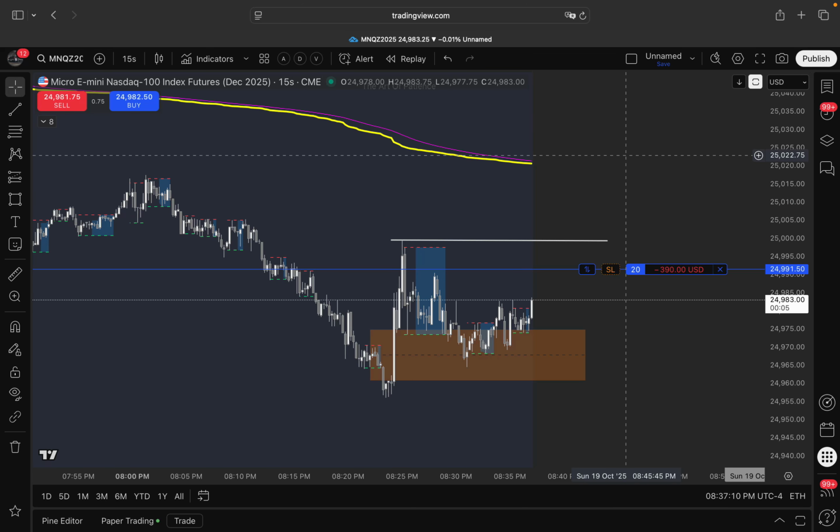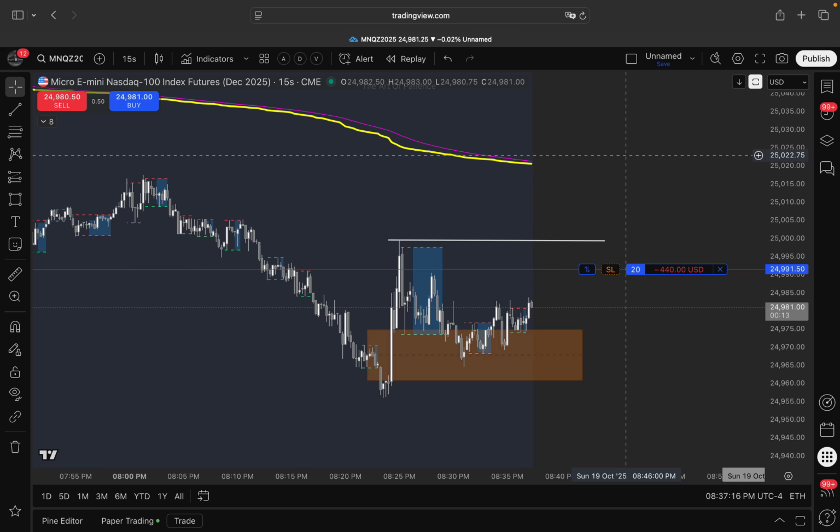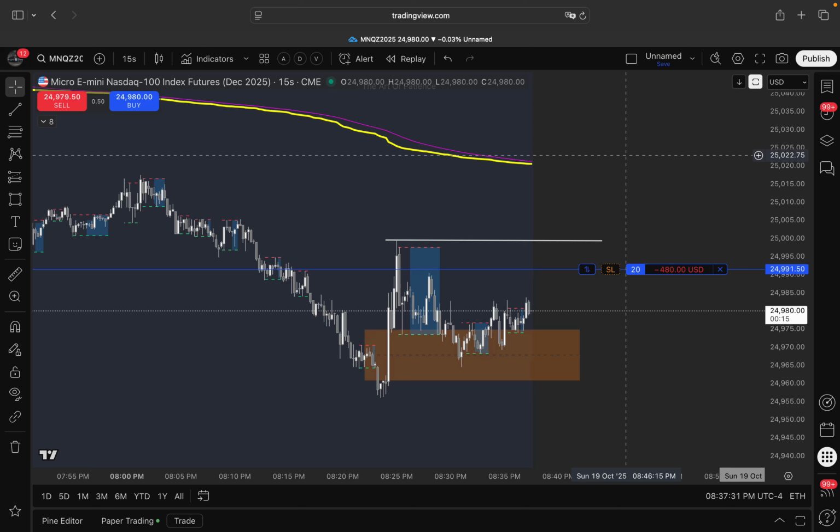Obviously there's more profit in a trade, but there's also a lot more risk. So you have to be really careful when trading minis, and you have to know what you're doing. For these examples, obviously I want to be testing it out with micros and just taking it easy.